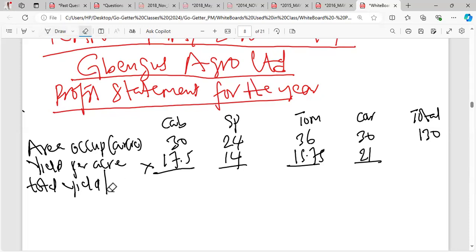Your total yield is still per area. Total yield in tons. You multiply and let's see.